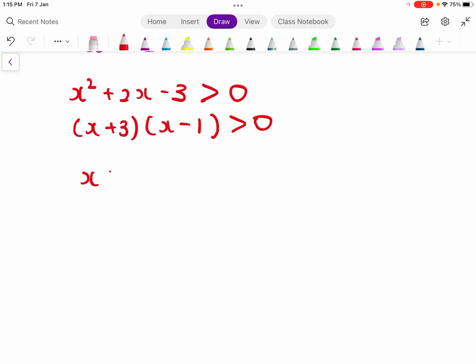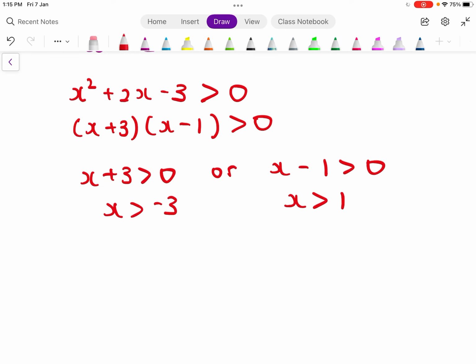So I'll just write down the whole thing first: x plus 3 more than 0, or x minus 1 more than 0. Then of course x more than negative 3 or x more than positive 1. So that's our first reaction to solve. Okay, but this is wrong. Whenever we encounter this, we don't do it the same way as we solve a quadratic equation.